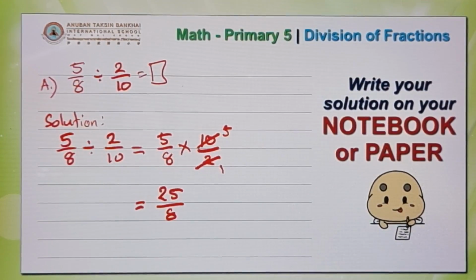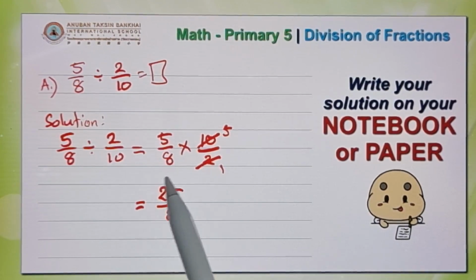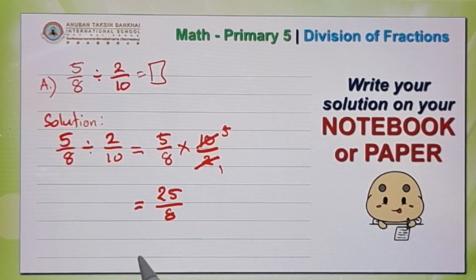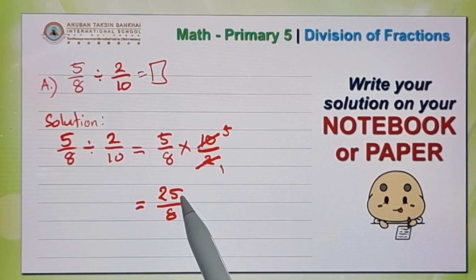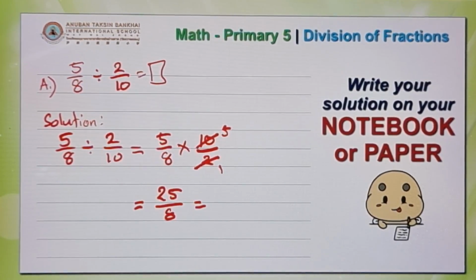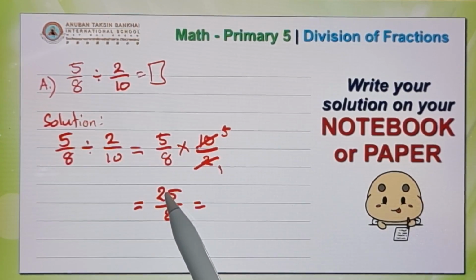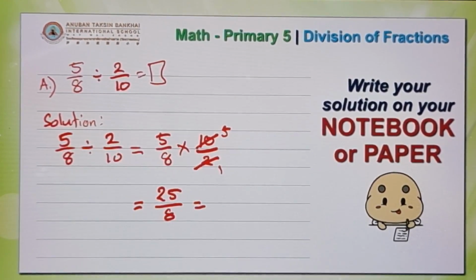Is that our final answer? No. Take note that this is an improper fraction. 25 over 8. So we need to simplify this and write a mixed number. So just divide 25 divided by 8.